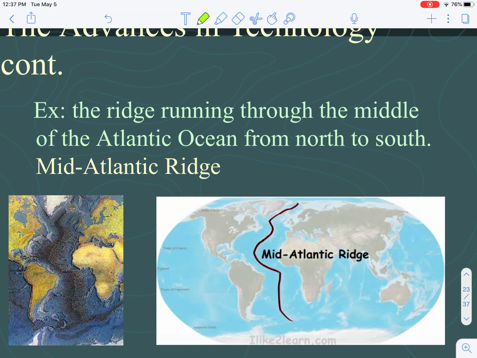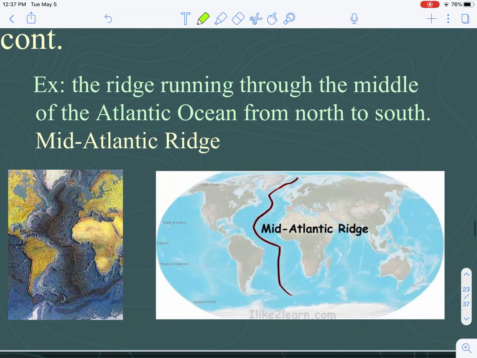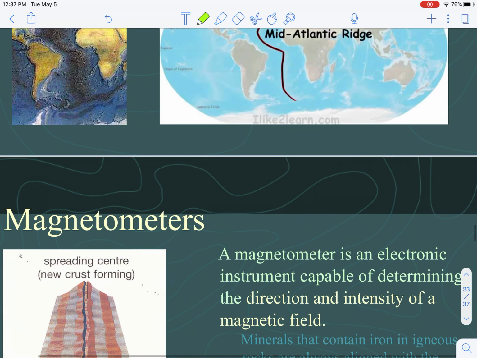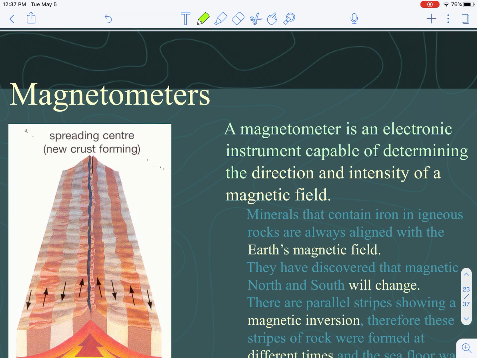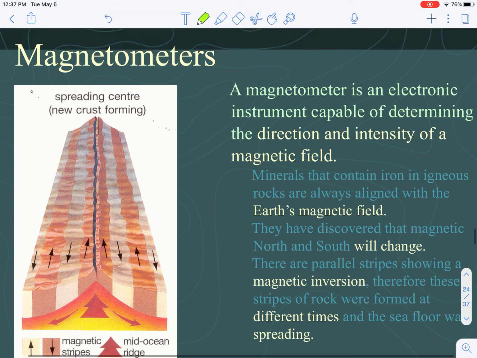They also found a mid-Atlantic ridge at the bottom, which is new crust forming because the ridges are areas where the plates are moving apart, and fresh new molten material is rising up in those spots and making new Earth's crust.